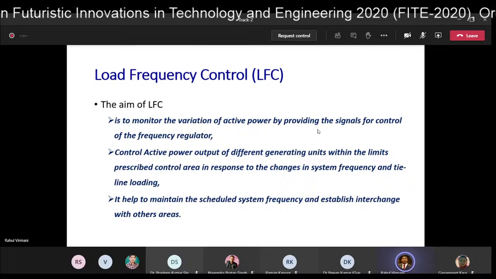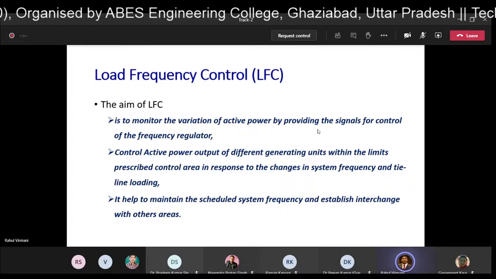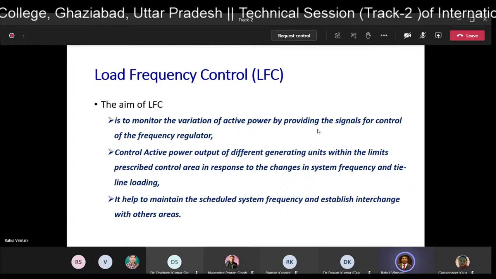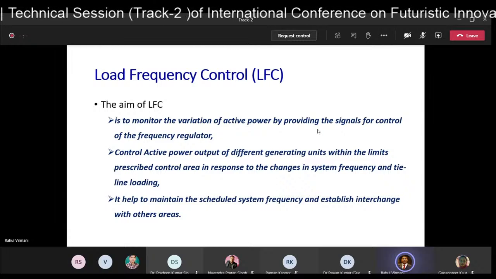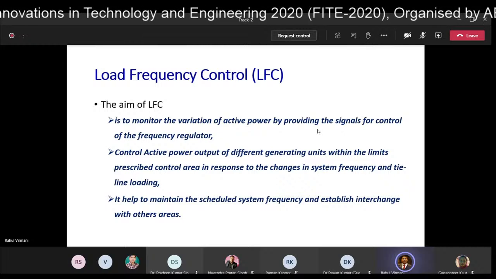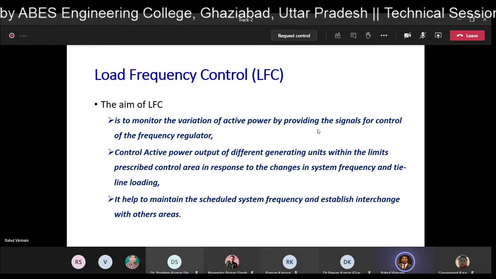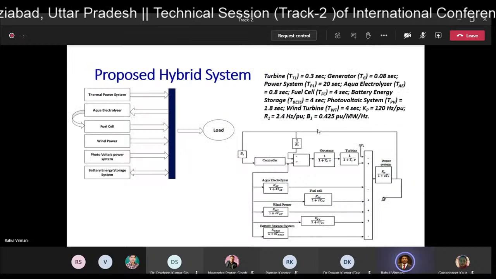The second objective is to control the active power output of different generating units within the limit in the prescribed control area in response to the changes in system frequency and tie line loading. The tie line is the interconnection between multiple areas. It also helps to maintain the scheduled system frequency and establish the interchange with the other areas.